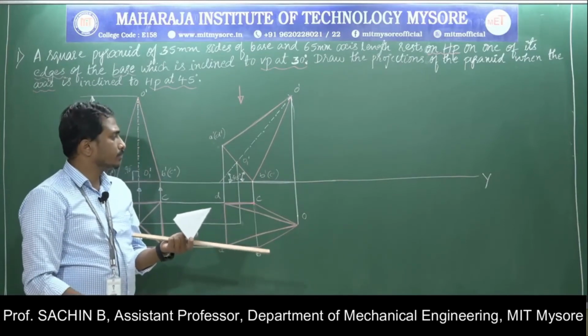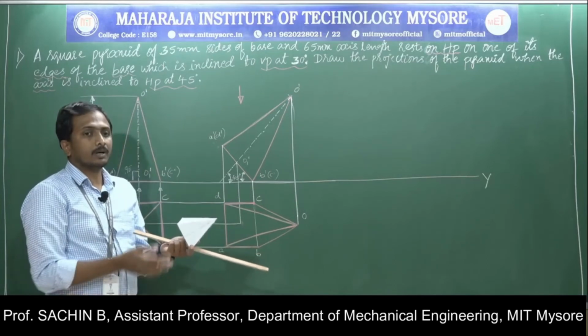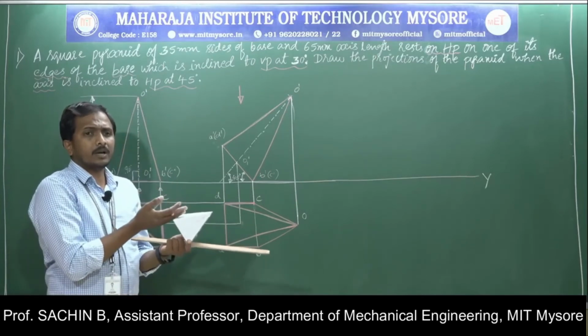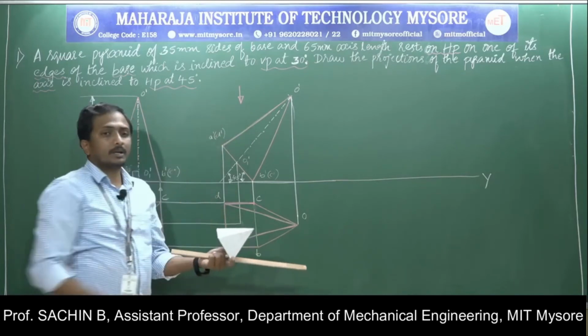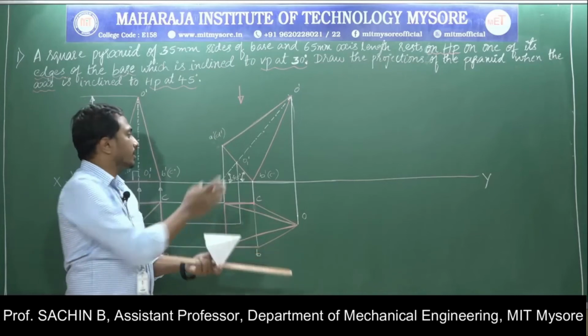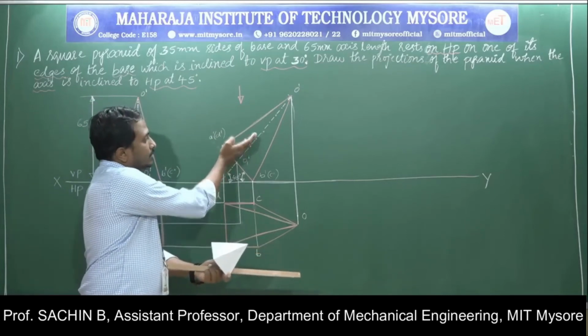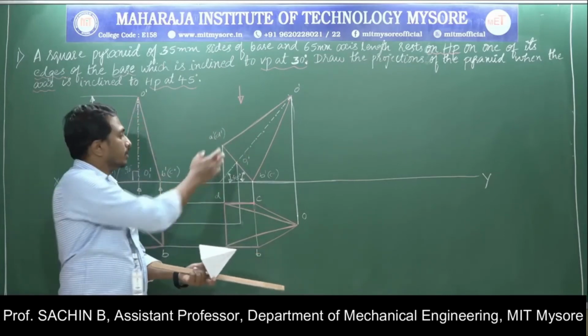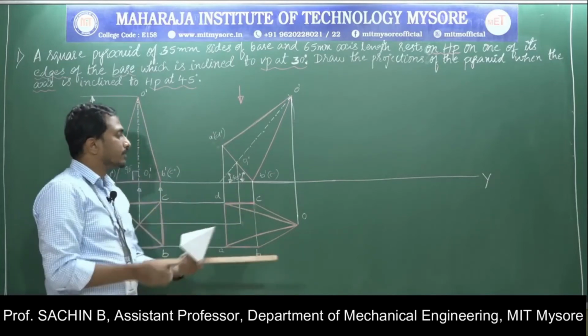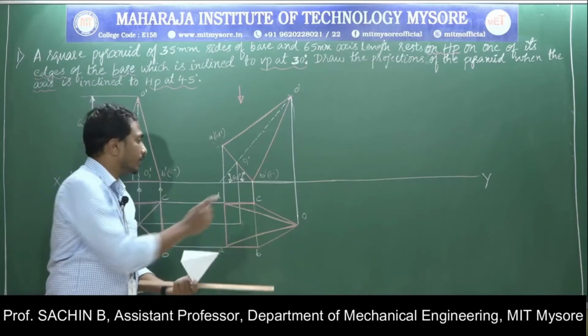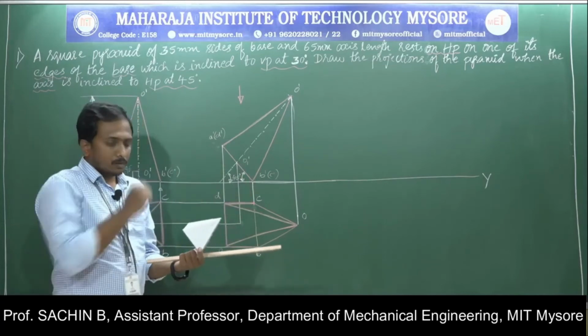One more concept is that the edges present above the axis are visible. That is also covered in the second case itself; the edges above the axis are also visible. Now the only invisible edge is the resting edge.